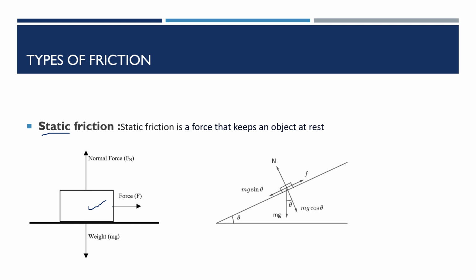When a body is at the curved position, there are approximately also three forces acting upon it, but there is a fourth force, that is the friction force. The body here is also at rest, but there is a friction force acting upon it. The friction force here would be considered as limiting friction force.